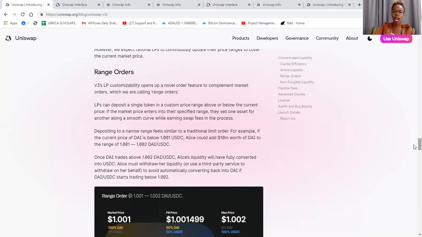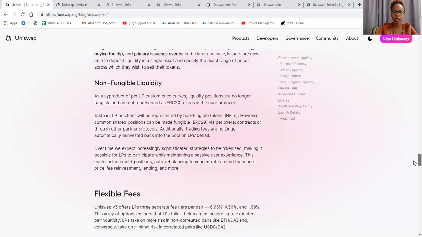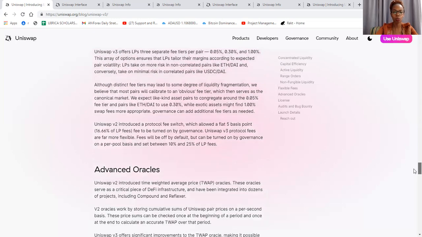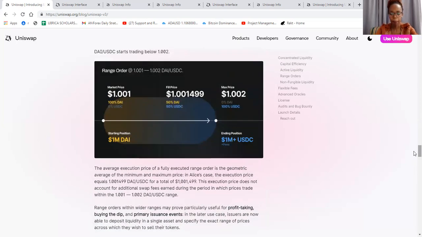So basically how limit orders work is, say the price of Ubricoin today is $1, okay? That is the market price. If you want to provide liquidity and you only have Ubricoin, you cannot provide liquidity when it is at the market price. So you have to set a higher price for you to provide liquidity at that price.